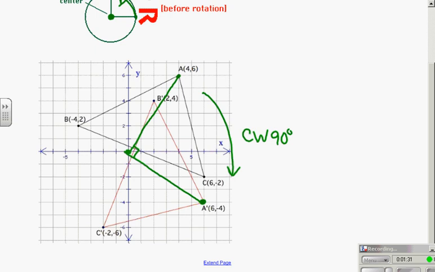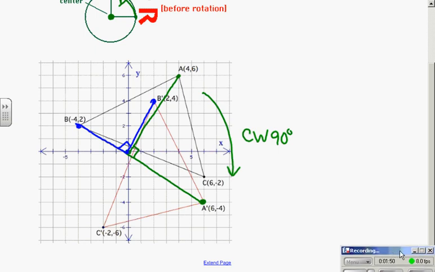And you could do the same thing by connecting B to the origin to B prime. And that is also a 90-degree angle. Now you could check the slopes of the segments and prove that they are indeed 90 degrees, but we will trust at this time that they are.